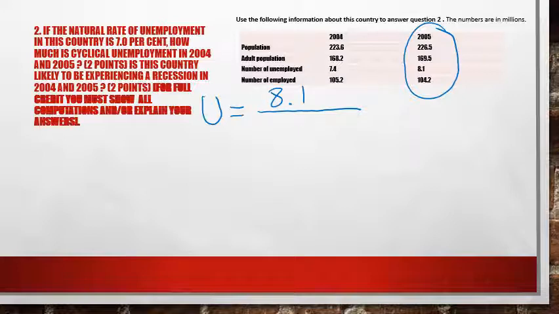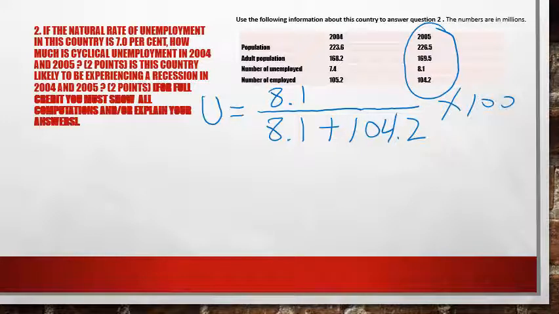Down in the denominator is the labor force, and that's the number of unemployed, 8.1 million, plus the number of employed, which is 104.2, and since we want to calculate the unemployment rate, we have to multiply by 100. All right, so 8.1 plus 104.2 is 112.3.